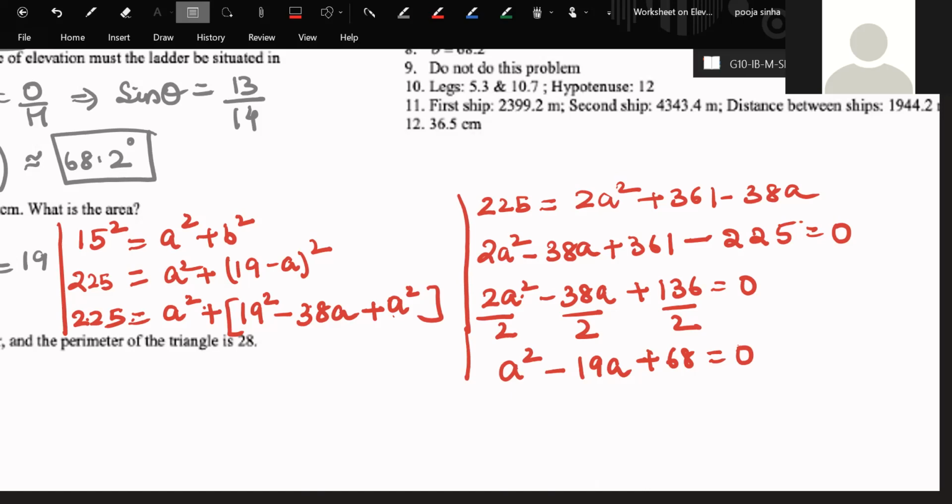So it needs to add up to 68. Add or subtract whatever? And what connection does it have to minus 19? Add or subtract two numbers, you should get 19. Oh, so they should multiply into 68. Multiply into 68, add or subtract into 19.